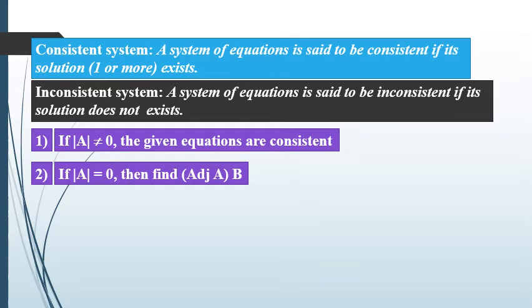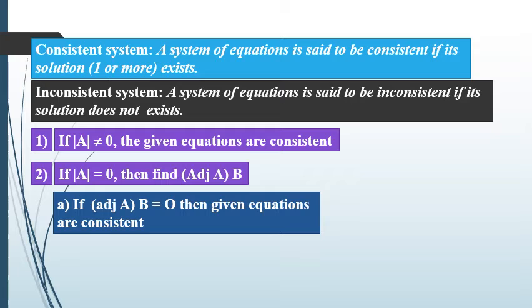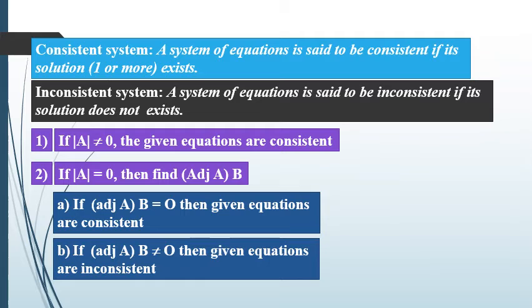Second, if determinant of A is equal to 0, then we find the product of adjoint of A into B. If adjoint of A into B is equal to 0 matrix, then the given equations are consistent. If adjoint of A into B is not equal to 0, then the given equations are inconsistent.